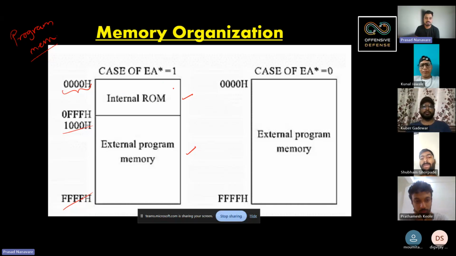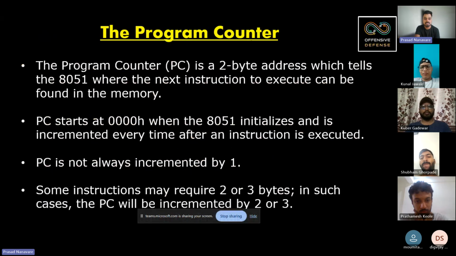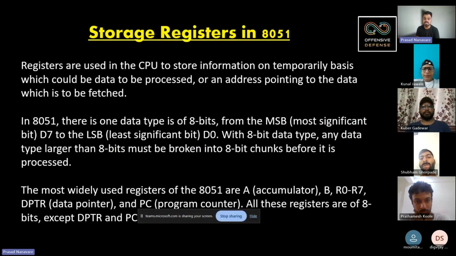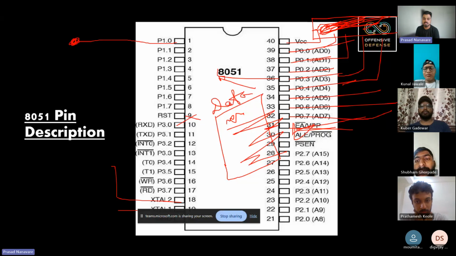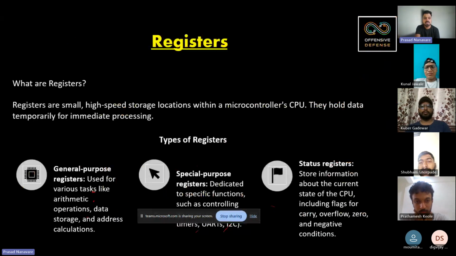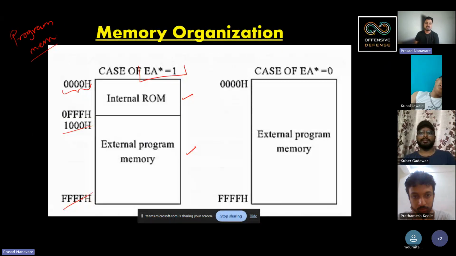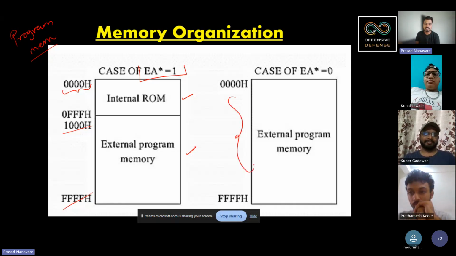Now, EA is one of the pins in our microcontroller. When this pin is set to 1, the microcontroller considers internal plus external memory as a whole, and when it is set to 0, it considers only external memory.